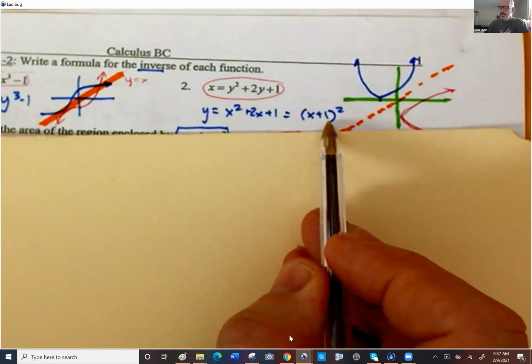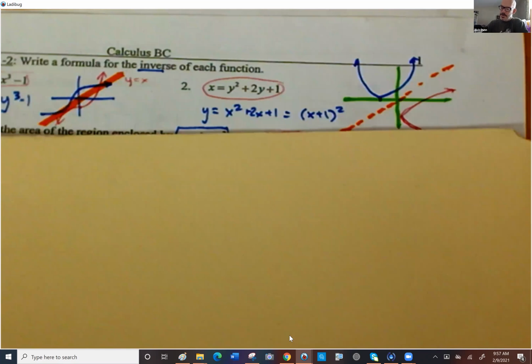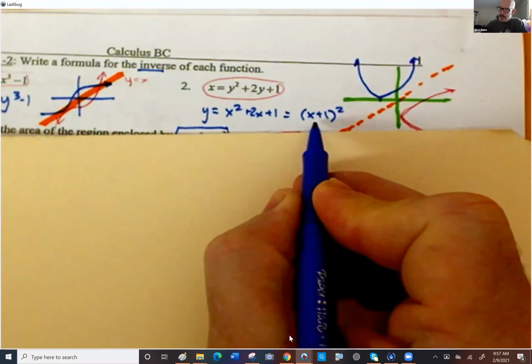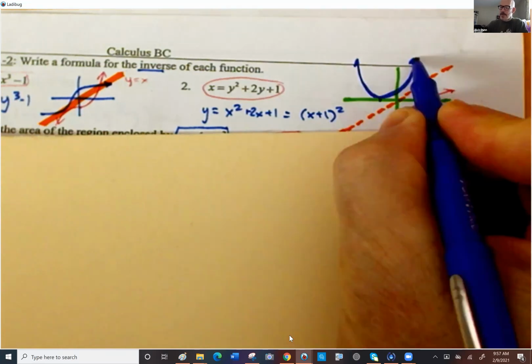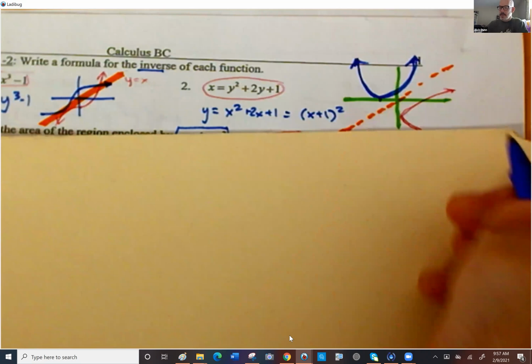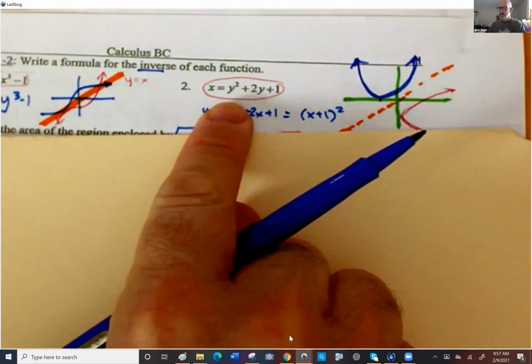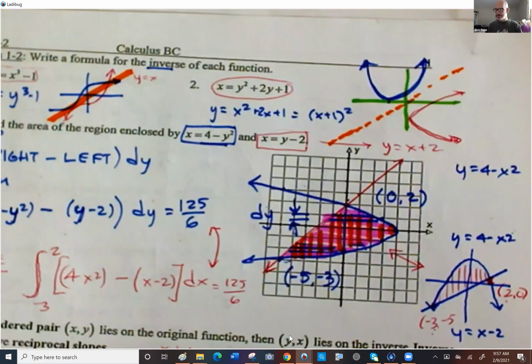That's a little bit easier for me to see and graph. And of course, this is just going to be a parabola that has shifted to the left 1, and that's shown over here with this parabola. If I reflect that across the line y equals x, I'll have this parabola.